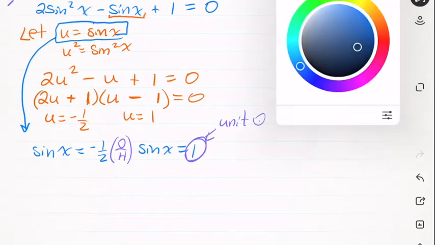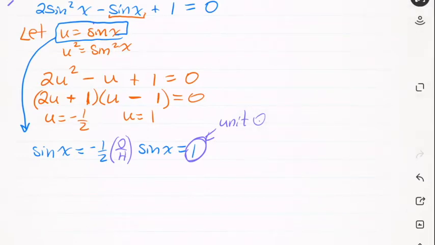So if we're going to draw a triangle, we want to know when sine is negative. I'm going to shorthand this one. Sine is positive in the first quadrant. It's positive in the second quadrant, all students. So it's negative in the third, and it's negative in the fourth. Take calculus.